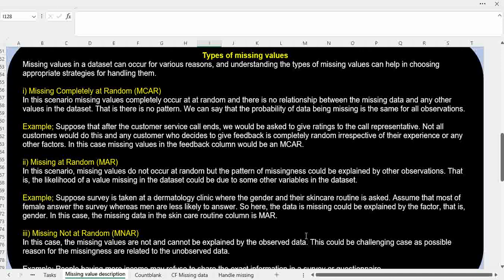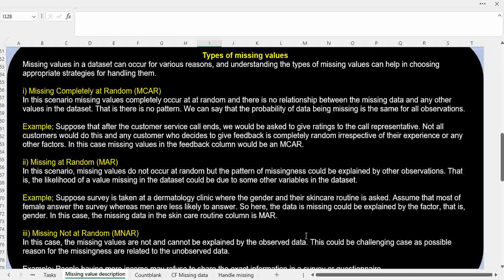In this relationship between the variables, you might find that men do not want to respond to the question of how much they earn, and maybe females have more chance of responding. In this case, yes, there are missing values, and these missing values are related to another variable in the dataset, and we say missing at random.